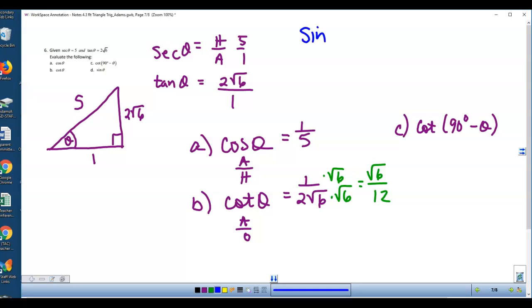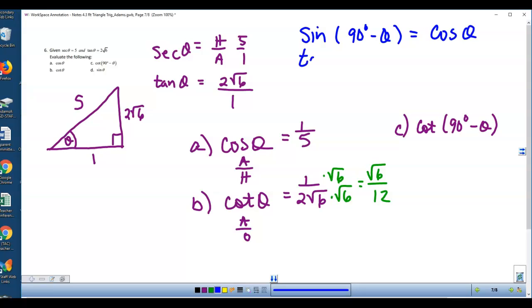We will go into much more detail about these identities later on, but these are complementary angle identities. So sine of 90 degrees minus theta, it's saying whatever your angle is, like 60 degrees, 90 minus 60 degrees means I'm finding the sine of 30 degrees, which is the same thing as cosine of theta.